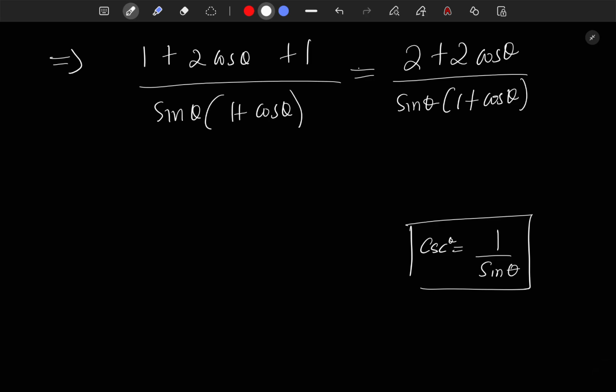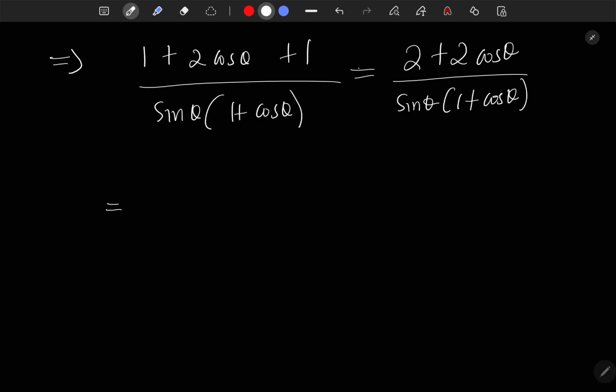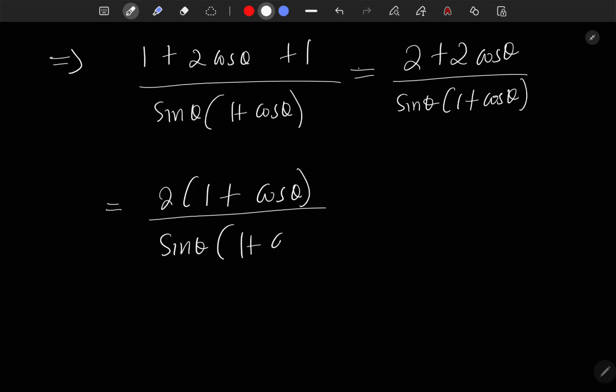Okay. So now where we are, we can factor out. Let's do the factorization. What are we factorizing? 2 is common. 2 times 1 plus cos theta over 1 plus cos theta. Gone.